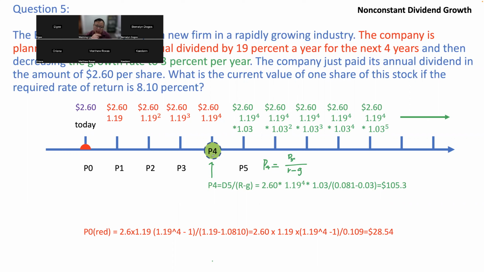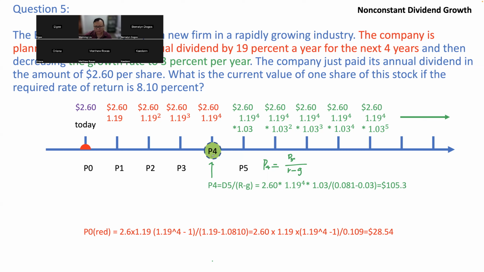Can anyone tell me how I can connect P4 to P0 for the green parts? So now we know P4. How can we know P0? You know this.